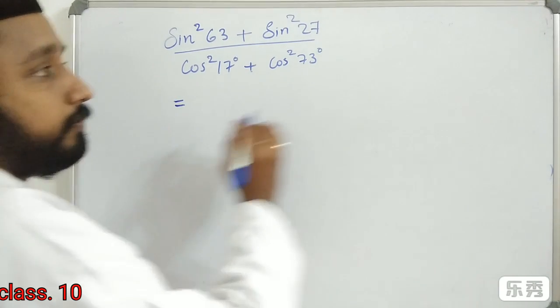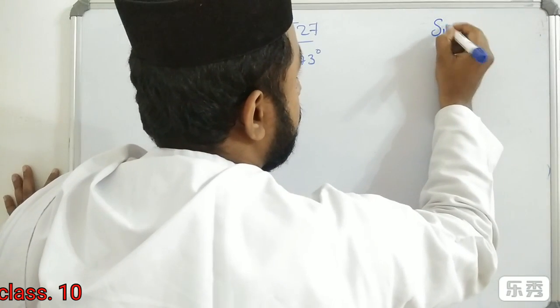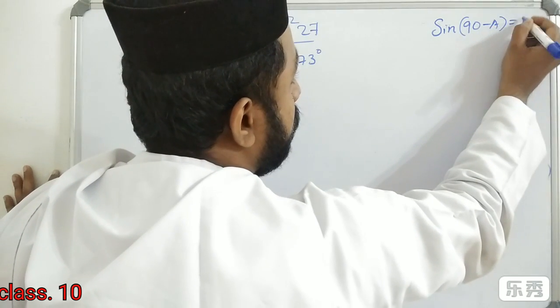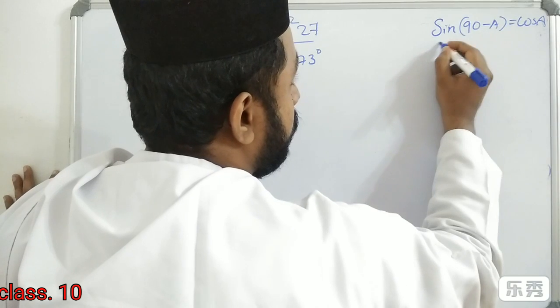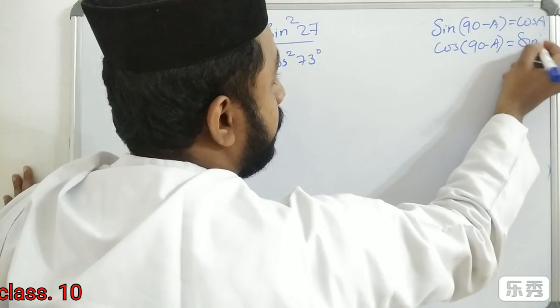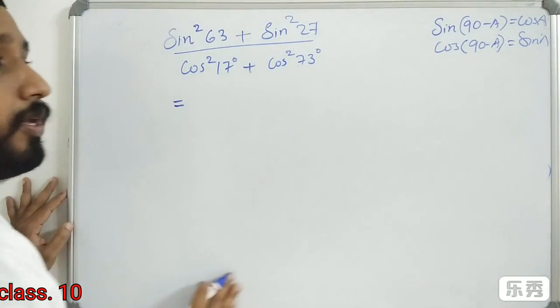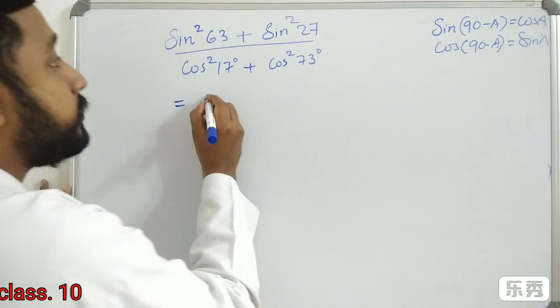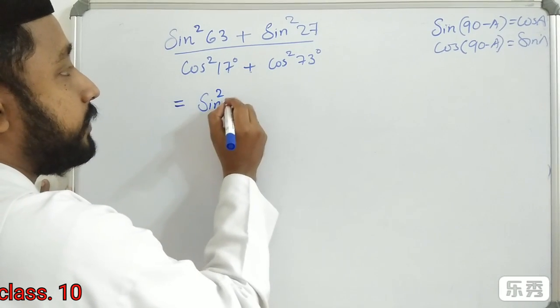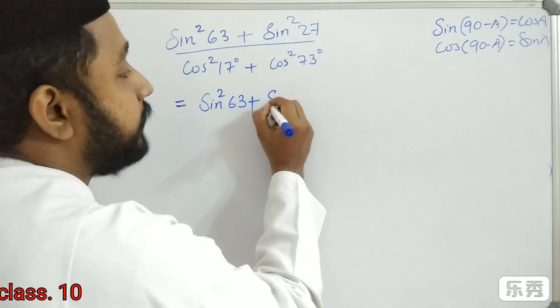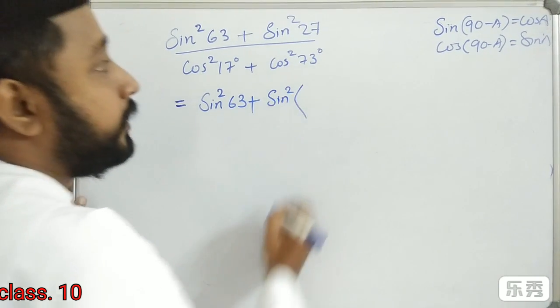We know the results: sin 90 minus A is equal to cos A, or cos 90 minus A is equal to sin A. We have already studied these two formulas, so we have to apply this in this question. So sin square 63, we write the same way, plus sin square 27.